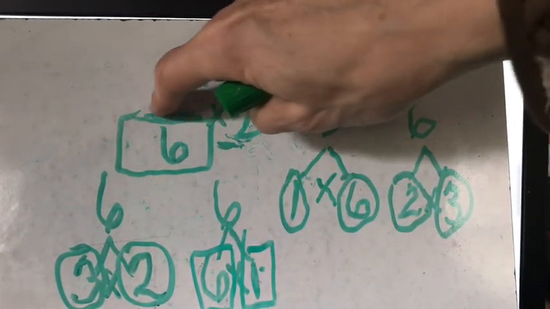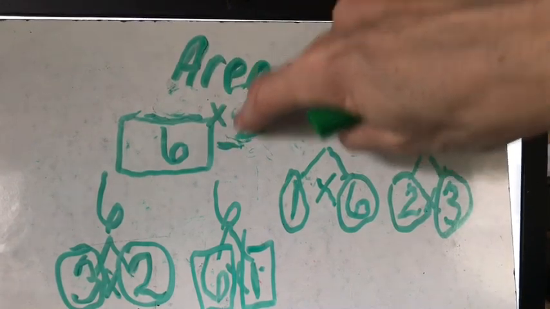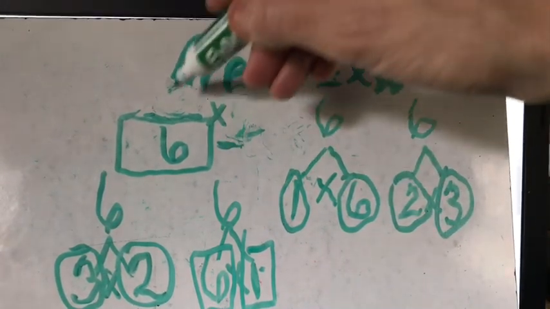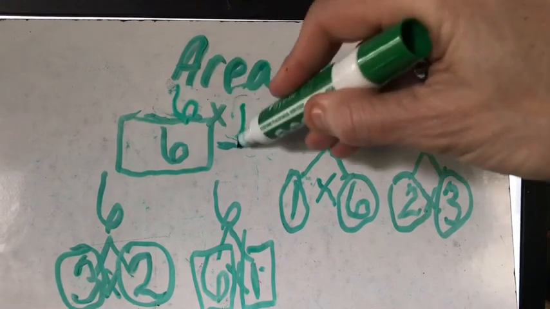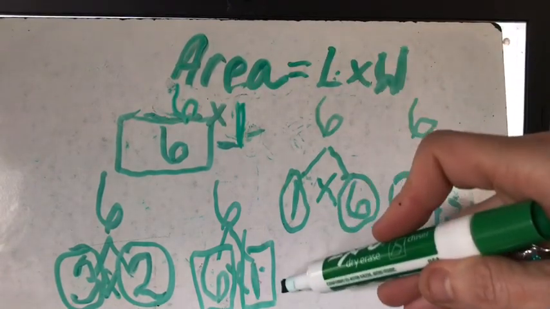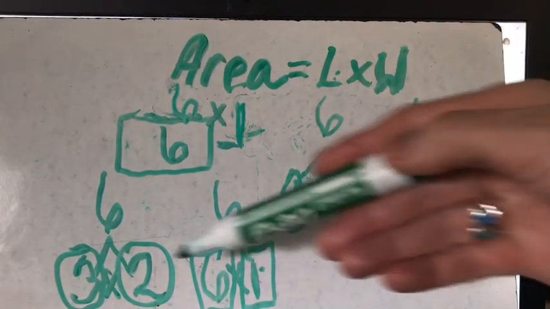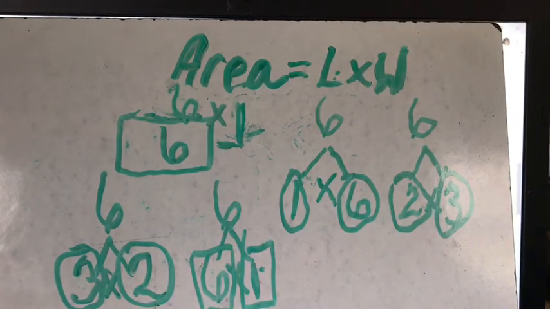So I have 4 possible choices that I could choose for my answers. All right, so I have 1 times 6 or 6 times 1, and 2 times 3 and 3 times 2. 1, 2, 3, and 6 are all factors of the 6.